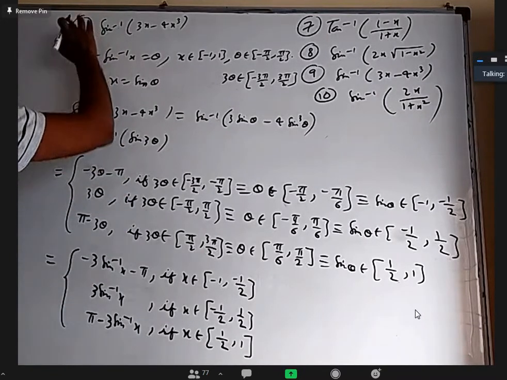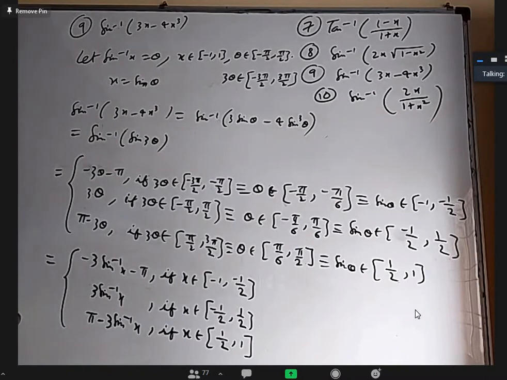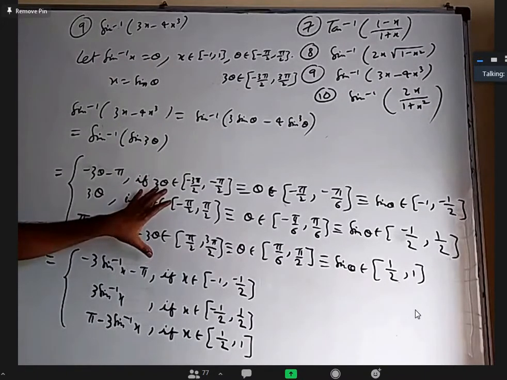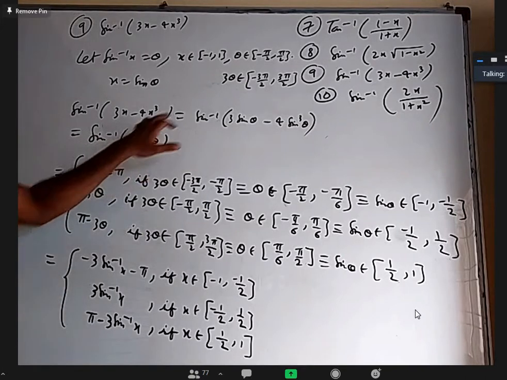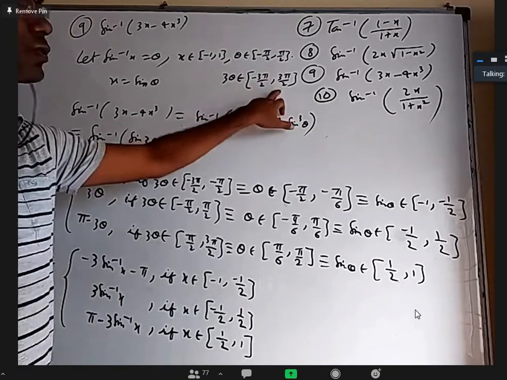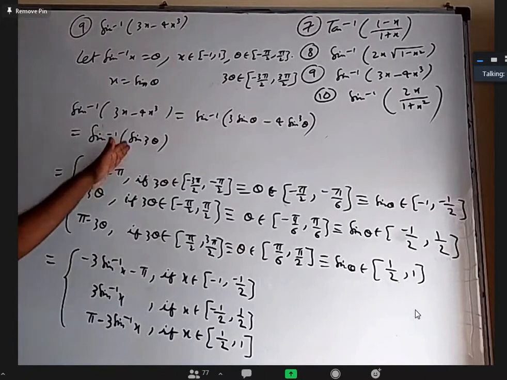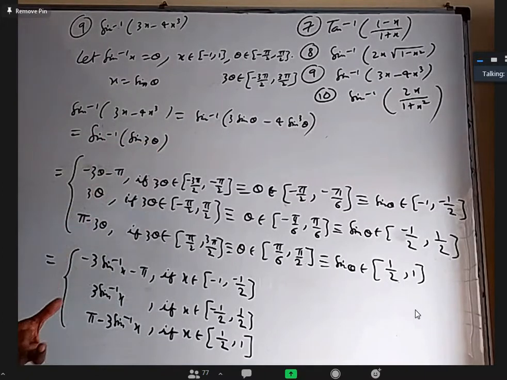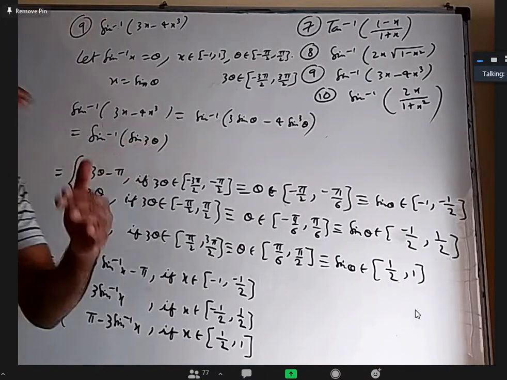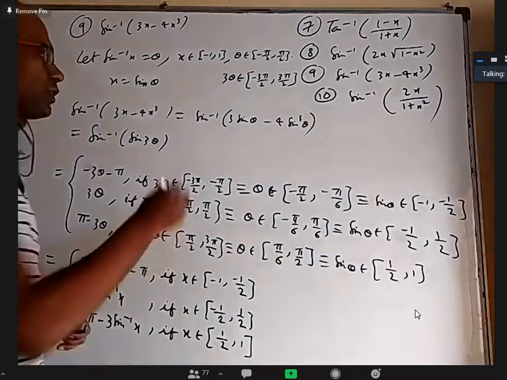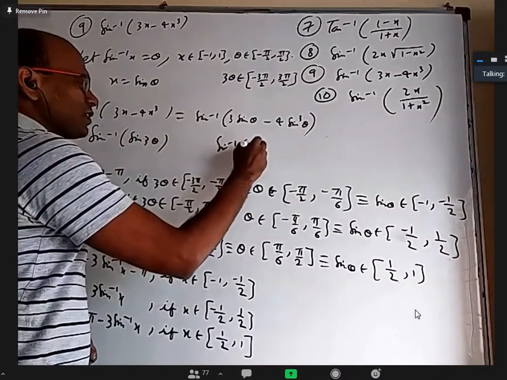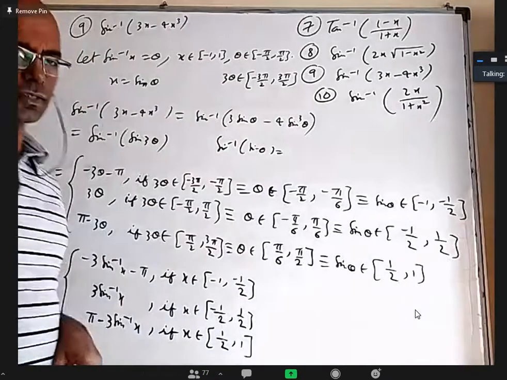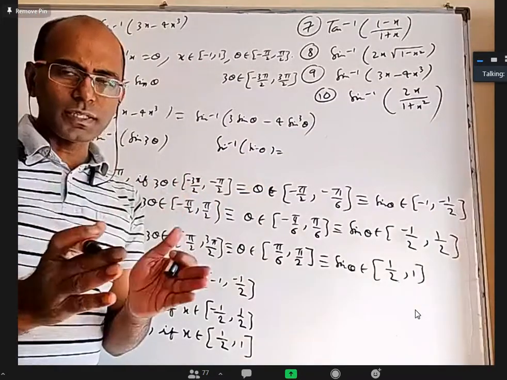Sir, can you explain the third step, sir? This part. Okay. Sin inverse sin 3 theta, where 3 theta is between minus 270 degrees to 270 degrees. I cannot cancel and write 3 theta because 3 theta should be within the principal values. If you look at the sin inverse sin x formulas, when x is between minus 90 to 90, it is x only.